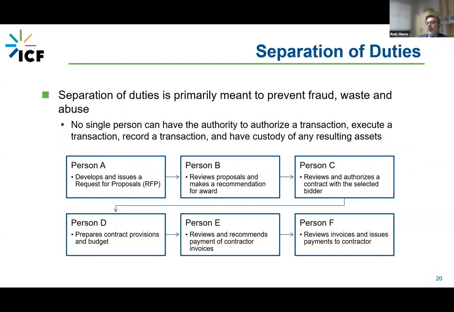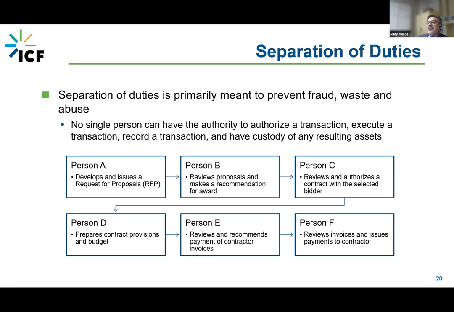When we are establishing internal controls, we start by instituting separation of duties. The requirement for separation of duties is meant to prevent fraud, waste, and abuse of the grant funds from taking place.